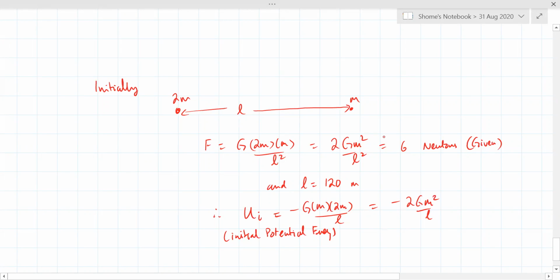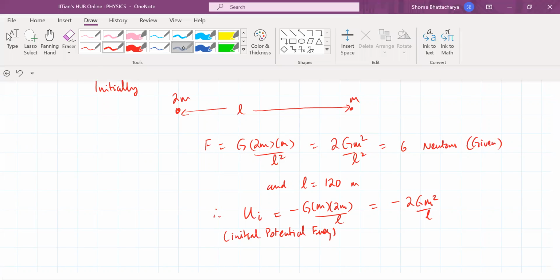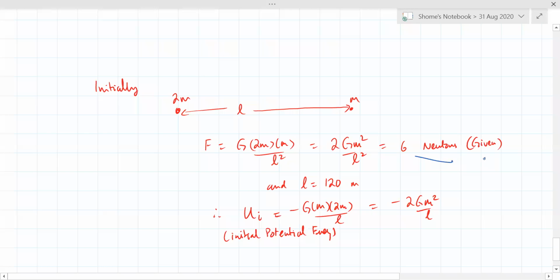Okay. Now see, this is where this information will become very useful. So what we'll have to do is compare. See, 2 G m square by L square is given to us as 6 newtons. Okay. And L is given to us as 120 meters.